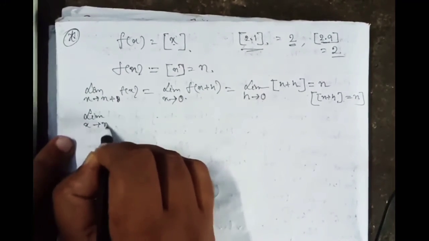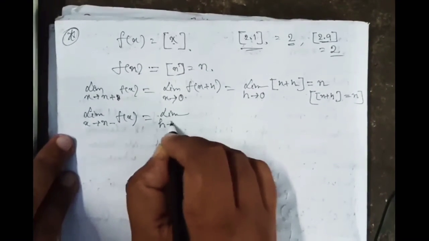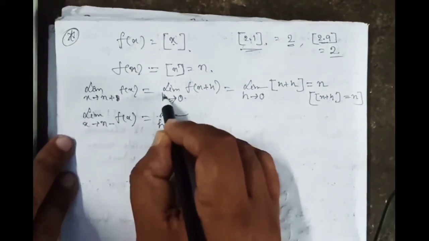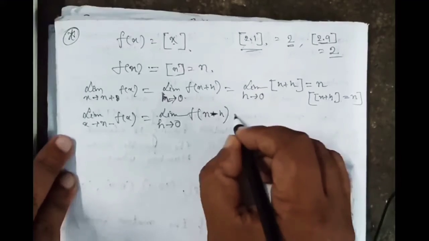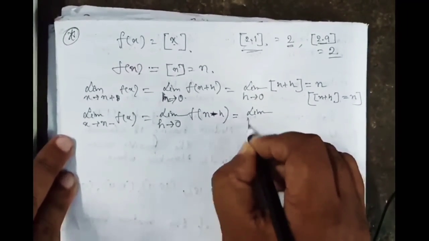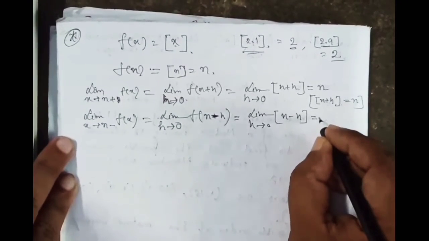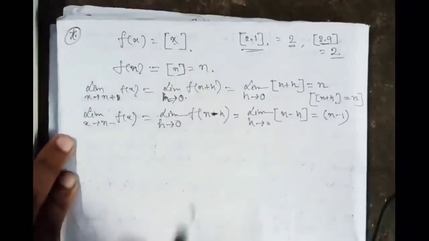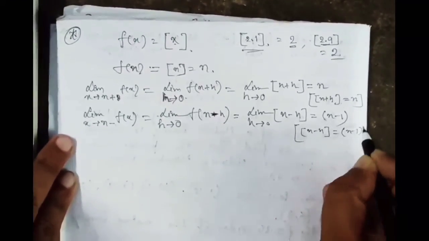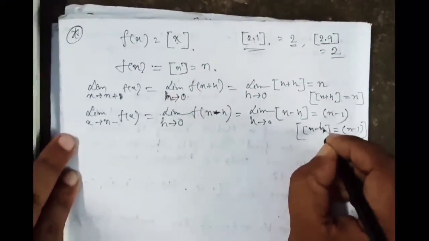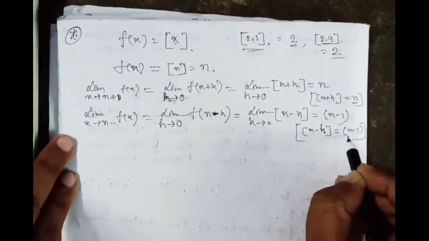Okay. Next, limit x tends to n minus f(x), that's equal to limit h tends to 0 f of n minus h, that's equal to limit h tends to 0 box of n minus h, that's equal to n minus 1.